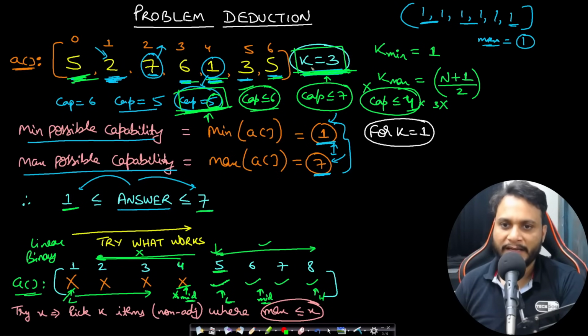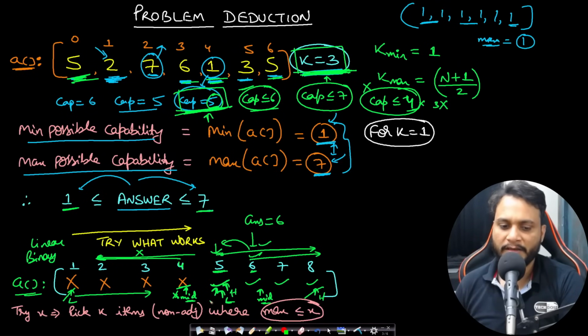Now if you can actually pick k houses from this array where the maximum capability is less than or equal to 6, then 6 will work for us, and everything larger than this will always work for us. So you can save this in your answer and say that 6 is the answer. And so you will be searching on the left side now and make high equal to mid minus 1.